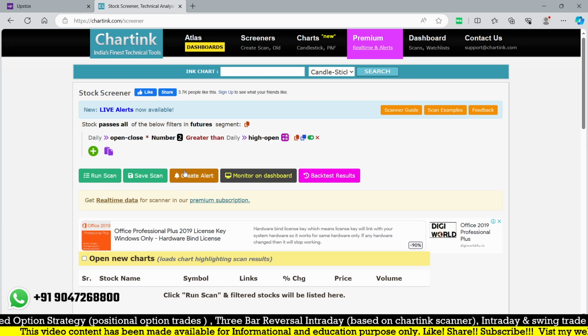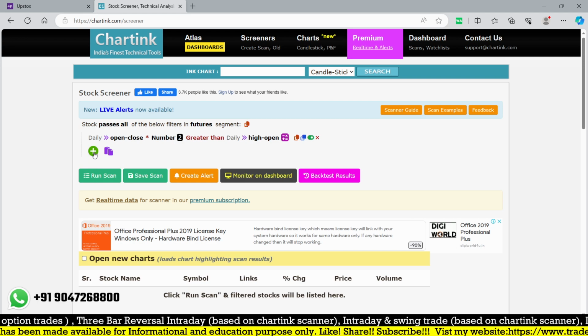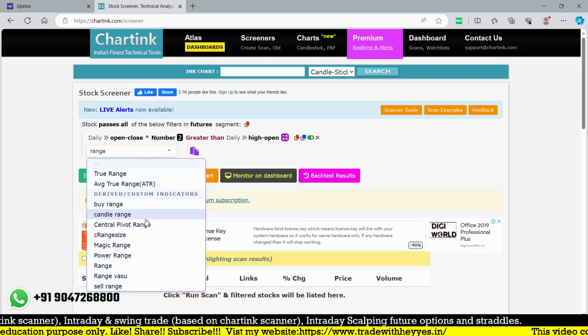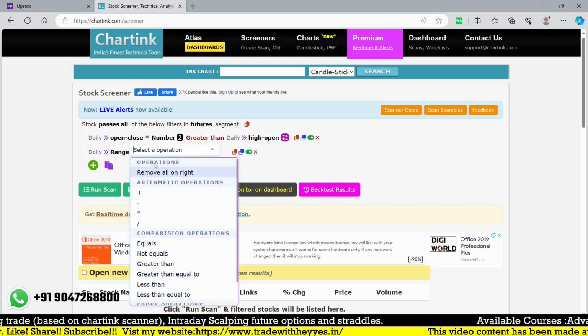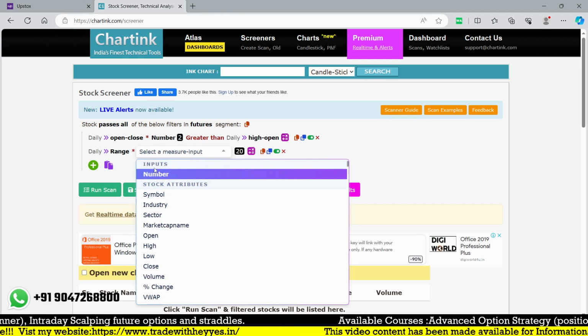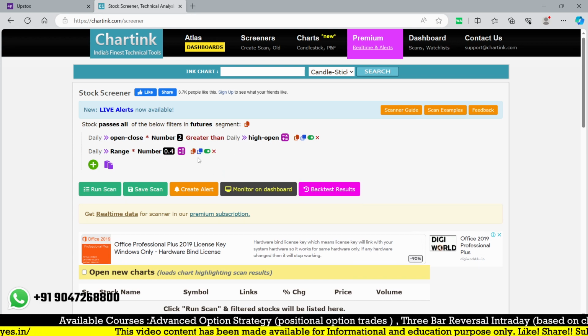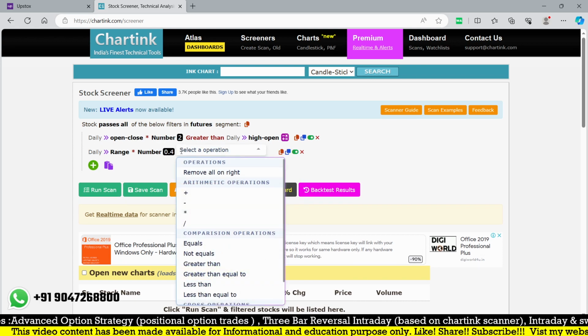So this is the first condition, and the second condition I'm going to use is the range of that particular stock multiplied by 0.4, as we already know from the swing trading which you have used. It should be less than.